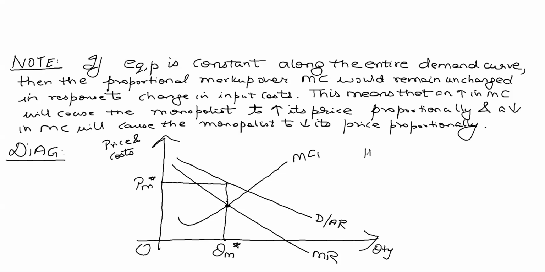Now suppose marginal cost increases from MC1 to MC2. What will happen to the marginal cost curve? For every level of quantity, my marginal cost curve will now shift vertically upwards.